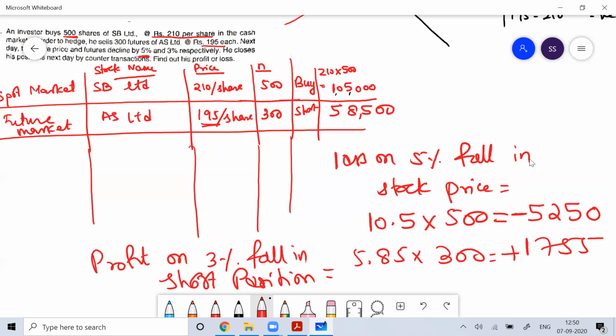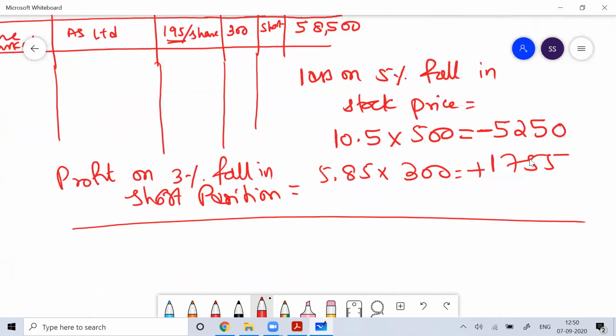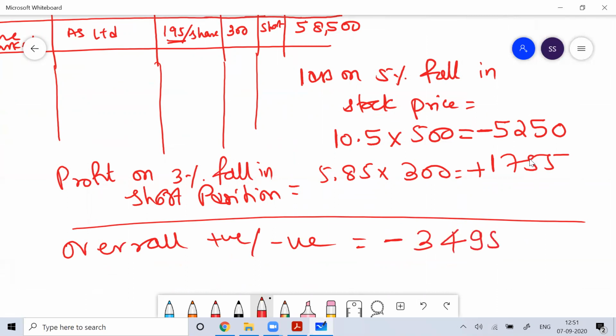So what is the overall profit and loss? If you want to calculate it, you can calculate this: 5250 minus 1755, so you get a loss of 3495 rupees.